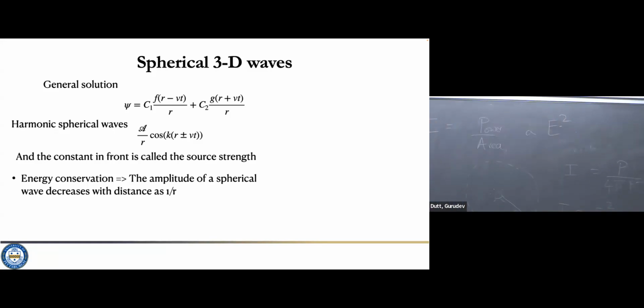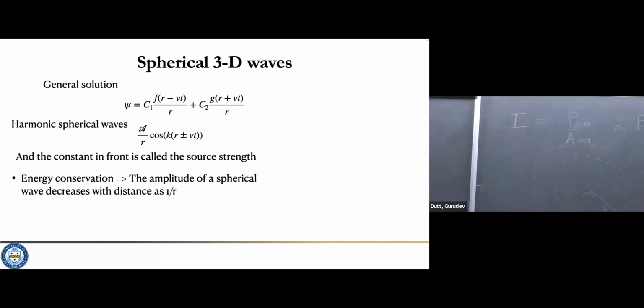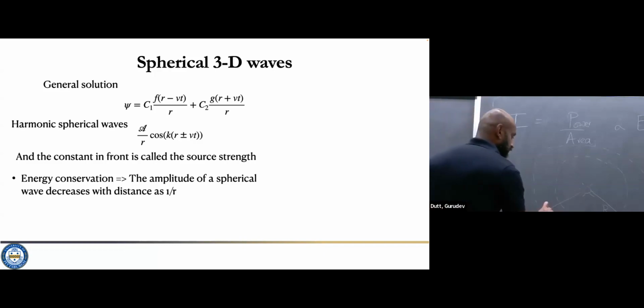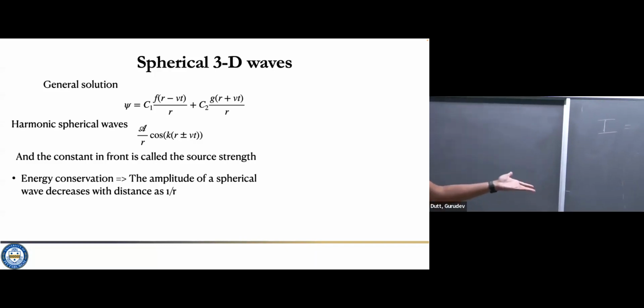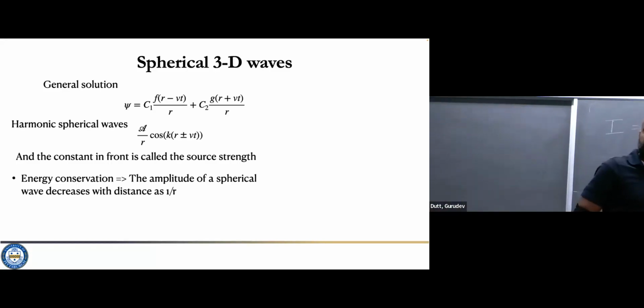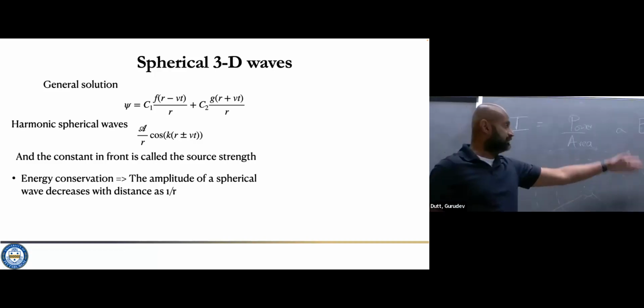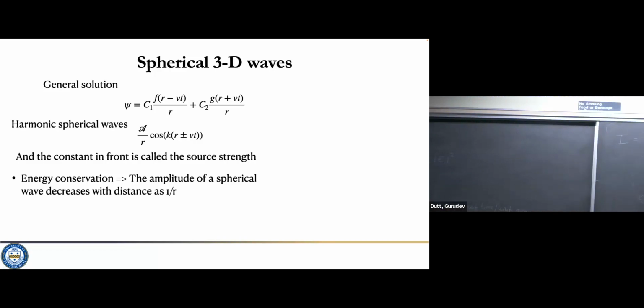Now imagine I took some other sphere of different radius R prime, which is greater than R. Then the intensity cannot remain the same, because intensity integrated over that sphere must give me the same power P. Therefore, the intensity must fall off as I get further and further away, because it's P divided by 4 pi R squared, and P is constant, right?